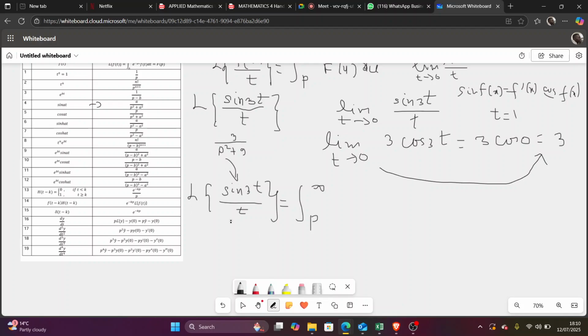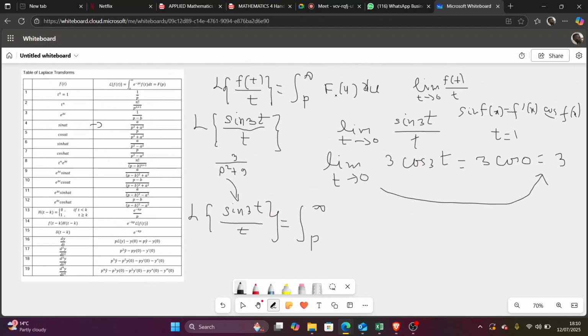Because we are doing division by t, instead of writing p square here, because the formula says f of u du, where we're having p, we will substitute by u. So literally, what we will be having inside should be 3 over u square plus 9, everything here in terms of du.